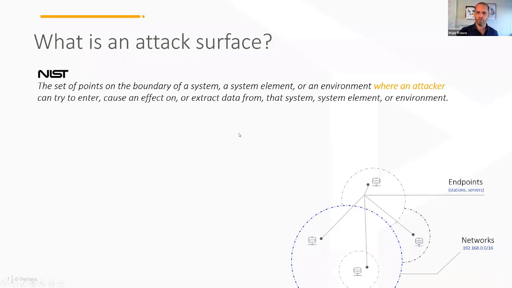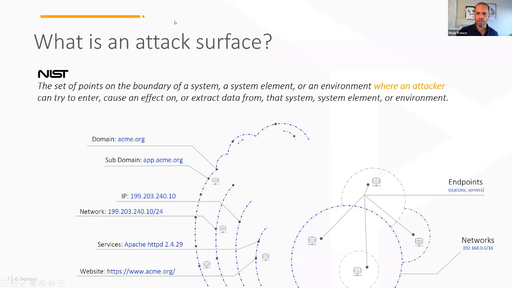Second aspect of the attack surface is everything that's exposed externally. I gave here a couple of examples, such as the domain name, acme.org, the subdomains, the IPs, the networks, services, websites, you name it. So in my world, and I want to make sure that as we go through the webinar, it is important for me to highlight that when we think of attack surface, it is not just an asset that's available in my internal system that phishing might hit one day.